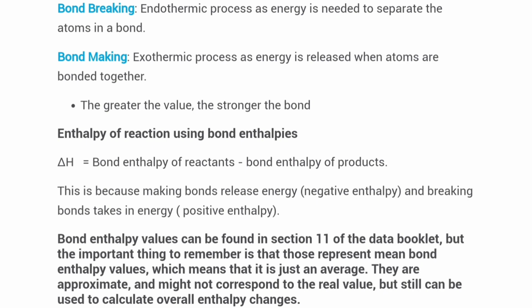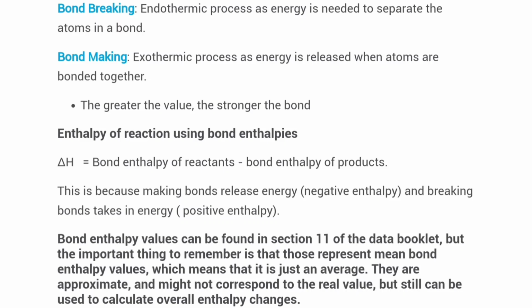But the important thing to remember is that those represent mean bond enthalpy values, which means that it is just an average. They are approximate and might not correspond to the real value, but still can be used to calculate the overall enthalpy changes.